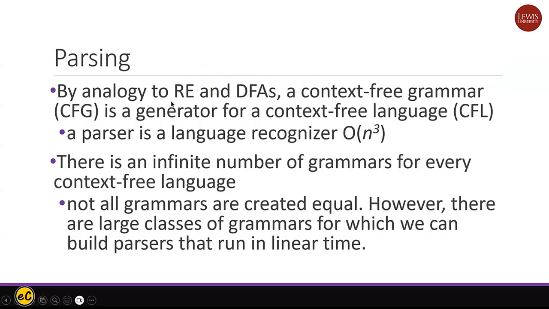Parsing is an analog of regular expressions and deterministic finite automata. A context-free grammar is similar to that, but it can be more complicated because it includes the context-free language, and it's an order of n squared, n cubed algorithm. And there's an indefinite number of grammars for every context-free language.